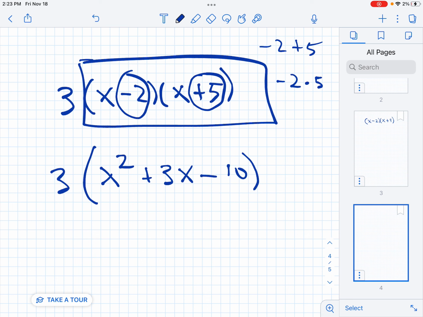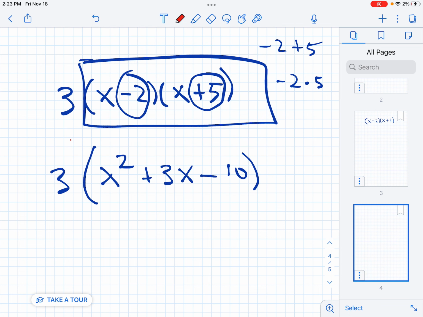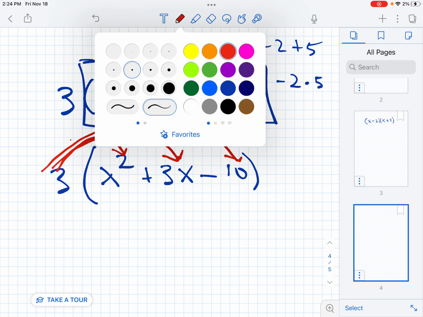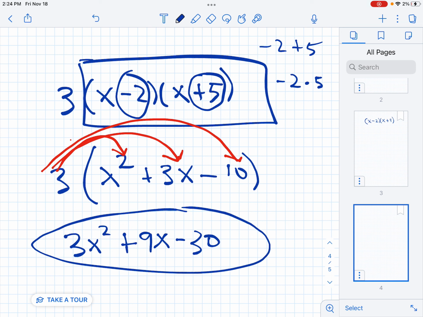Close that up. Now I've got to use the distributive property, and that's going to hit that term and that term. If we use the distributive property, that's going to give us our answer, 3x squared. 3 times 3 is 9x. 3 times negative 10 is negative 30. And so that's where we get our answer.